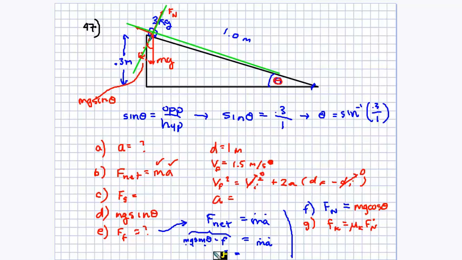Yes, we calculated it in part E. So we know both of those, and we should get a good value, hopefully between 0 and 1, for our kinetic coefficient of friction. This concludes your hints for the Newton's Law test coming soon.